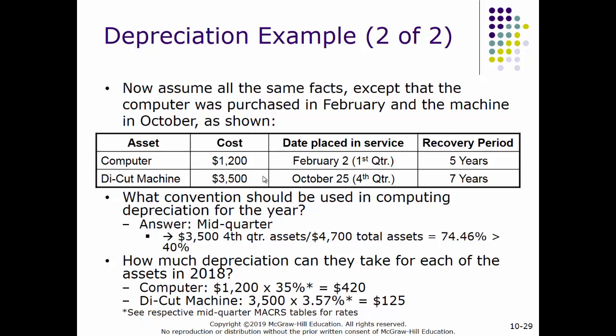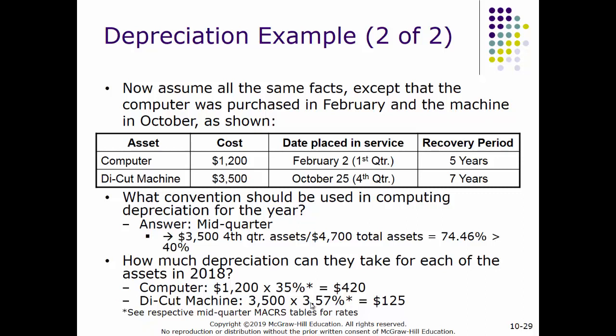So instead of using the half-year convention depreciation tables, they have to use the mid-quarter tables, and it's going to give them significantly less depreciation for this machine. This is 7-year property, so instead of using the 14.29, which is the first year rate for 7-year property, they can only use 3.57.